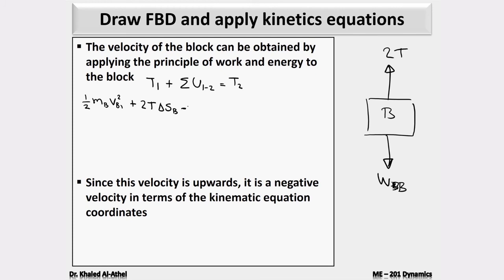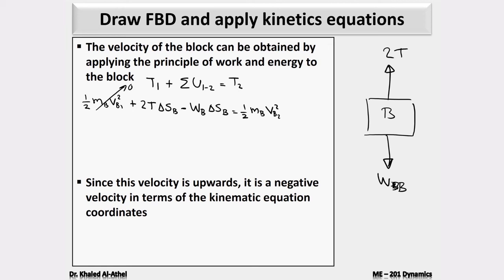And then minus the weight of the block, WB times delta SB. This should equal half mB VB2 squared. Now, since the problem mentions that the block starts from rest, the initial kinetic energy is 0.